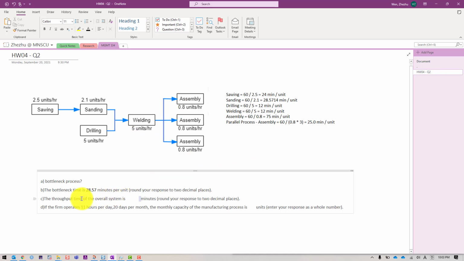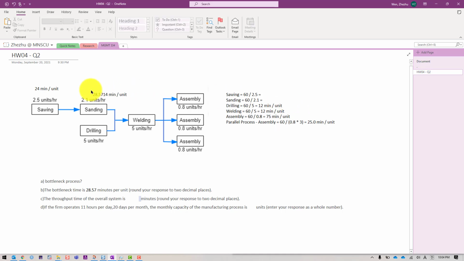All right, and the throughput time of the overall system. So I'm just going to drop this time next to those processes. So 24 minutes. This guy is, I believe, sanding, right? 28.57. Drilling is 12 minutes, and welding is 12 minutes as well.